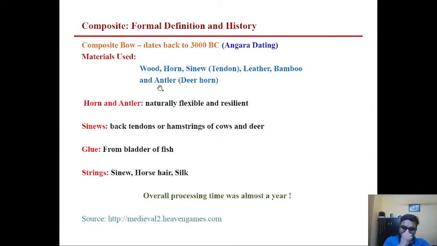Horn and antler are naturally flexible and resilient.